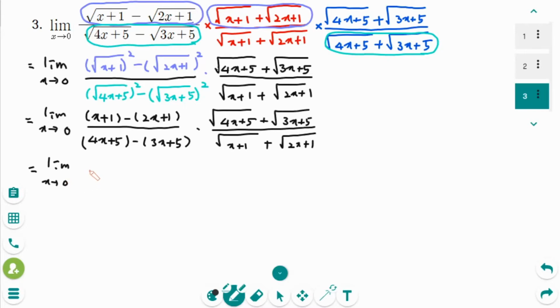Then expand x plus 1 minus 2x minus 1 over 4x plus 5 minus 3x minus 5, and keep the second one.